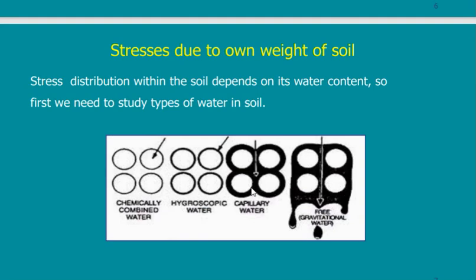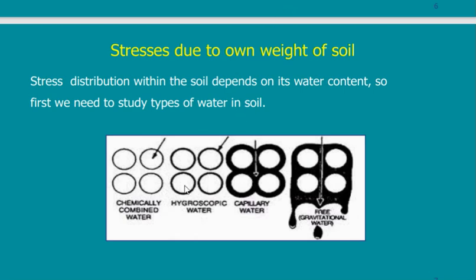Free water and capillary water, both I can get rid of easily, or at least they fluctuate easily. The capillary water changes from time to time. The gravitational water is all the time moving from one place to the other.